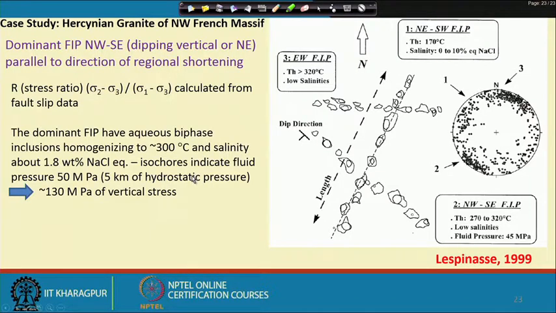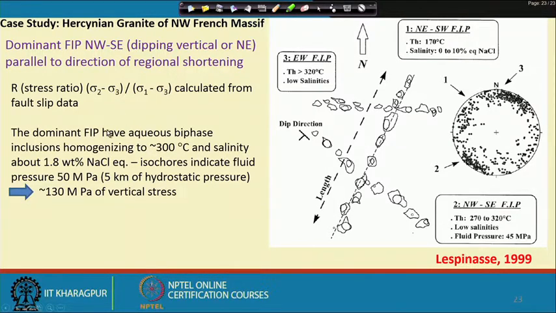And needless to mention that the fluid inclusion work has to be adequately backed up by analysis in the field as well as in the laboratory on deciphering the directions or the nature of the far field stress conditions, which are essentially represented in the form of the principal stress axes, the stress ellipsoid, the maximum, intermediate and minimum principal stress axes represented by sigma 1, sigma 2, sigma 3.